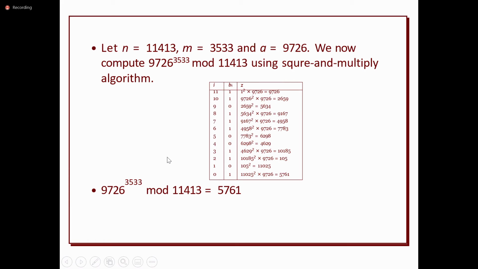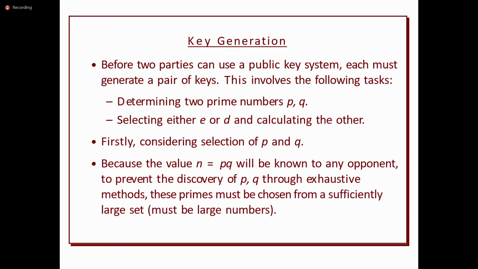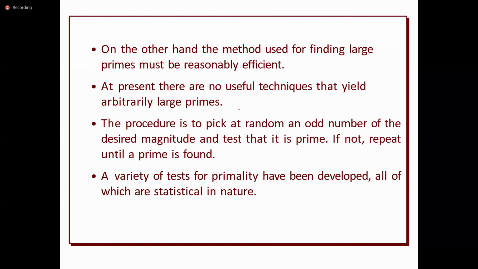So this algorithm is used in RSA. For key generation, it requires determining and selecting two prime numbers, which are required to select the public key or calculate the private key. So how can we do this? It all depends on the primality test algorithms.